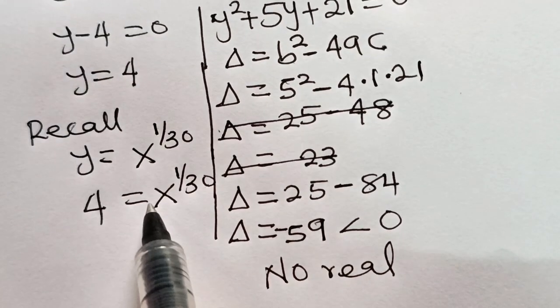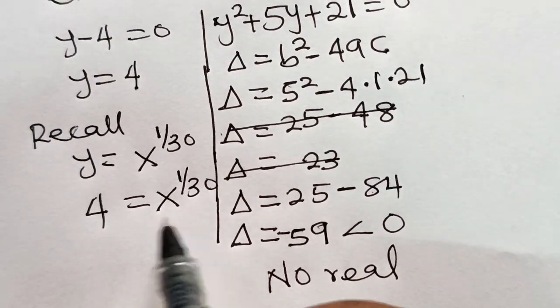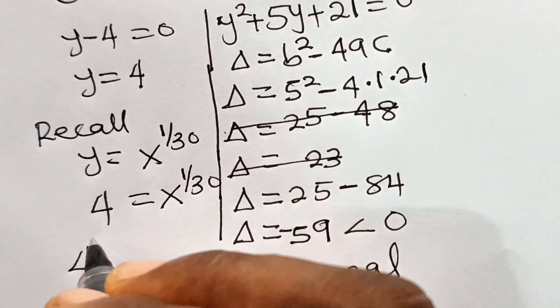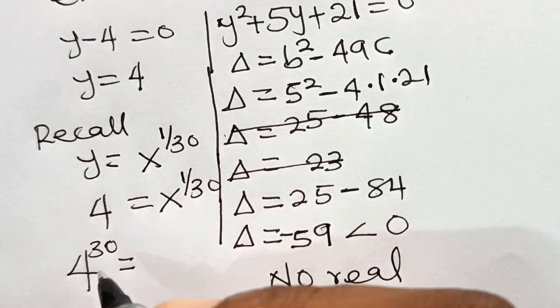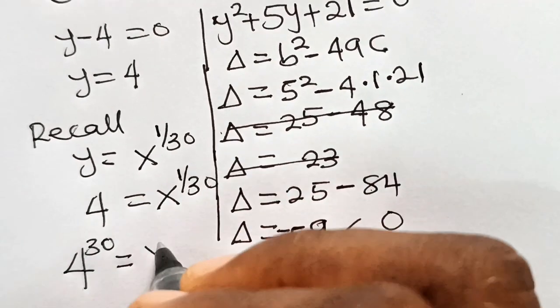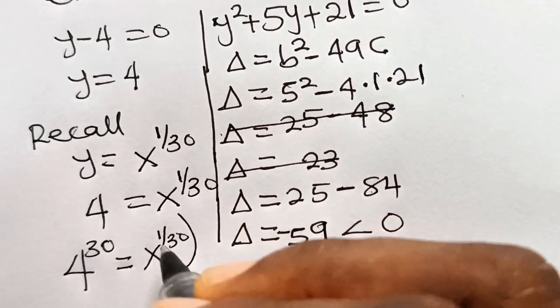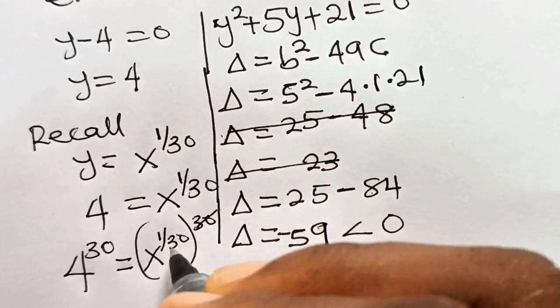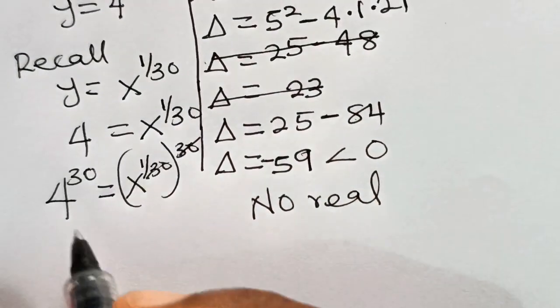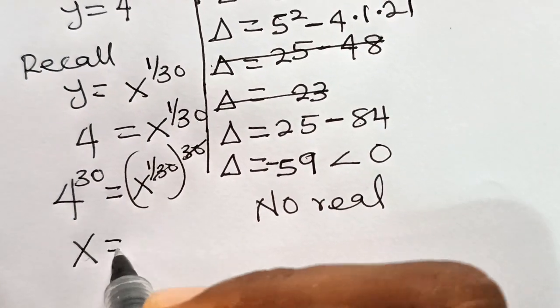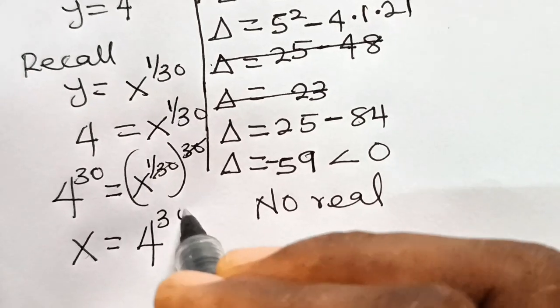To get the value of x, we raise both sides to the power of 30. So we have 4 to the power of 30 is equal to x to the power of 1 over 30 raised to the power of 30. Now we cancel this, and we have that x is equal to 4 to the power of 30.